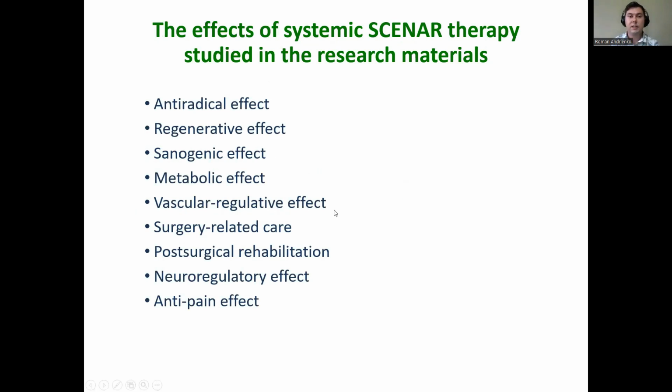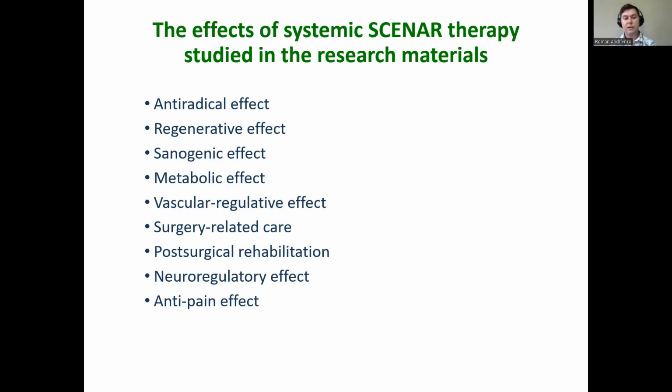So there is also a certain list of effects of systemic Scenar therapy that is studied in numerous research materials. Unfortunately, none of them are yet translated to English language. The lion's share is still in Russian, maybe 80%, but the work on translating them is continuous, and still some of the articles are being translated and presented to the public.